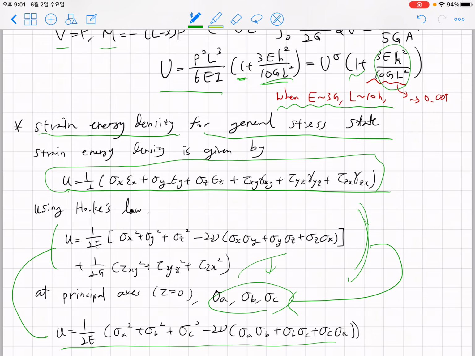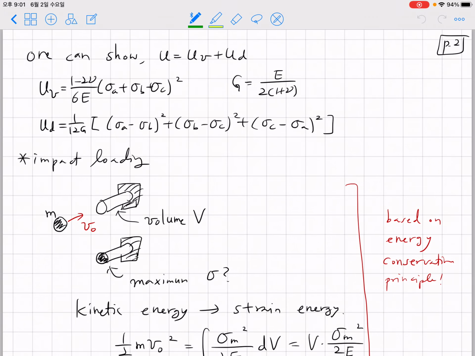And then after we discussed this, we also showed that strain energy can be decomposed into a volumetric part and a deviatoric part. The volumetric part is the strain energy that is necessary to cause a volume change without shape change, and the deviatoric term is the strain energy that is necessary to make a shape change without volume change.